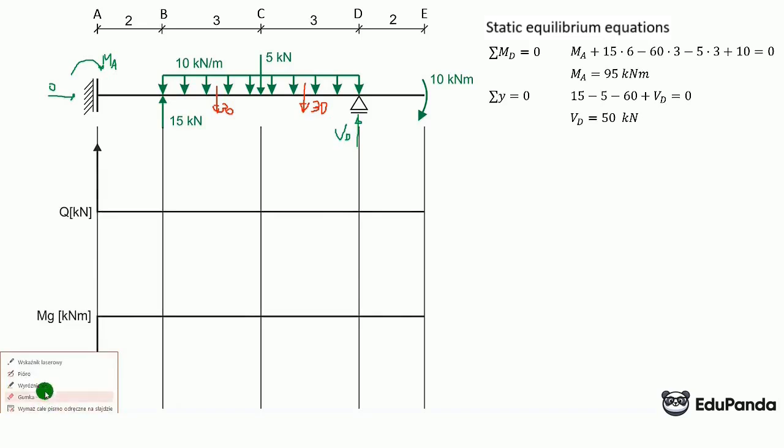So the shear force diagram. Here there is no shear force at the beginning of the beam, so there's no jump. So there is, in fact, no diagram at all. So we started from 0 and only go up to this point. So here, in this section, it's 0. And we have a jump of 15 according to the arrow.